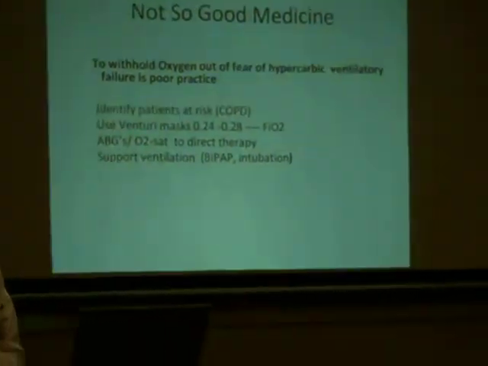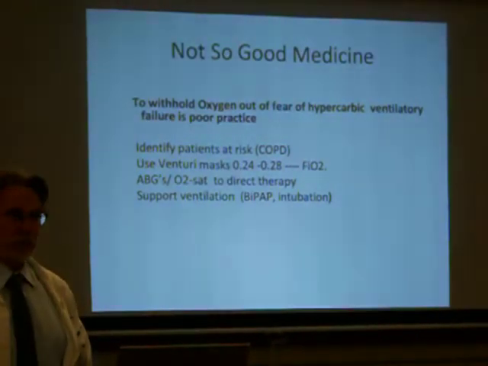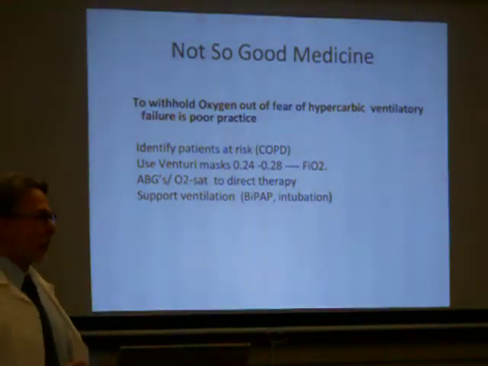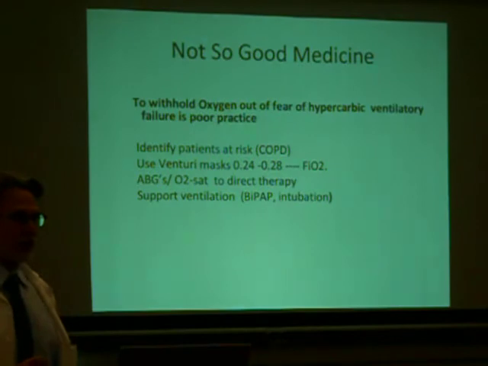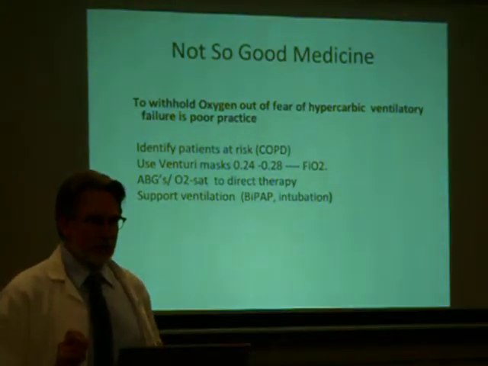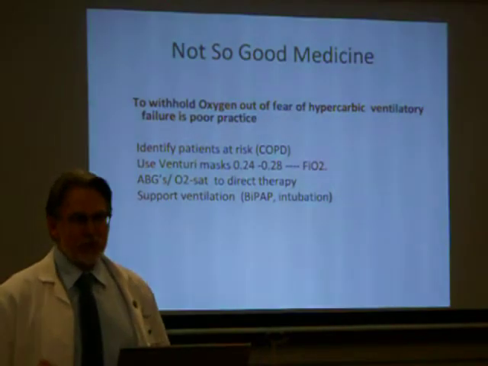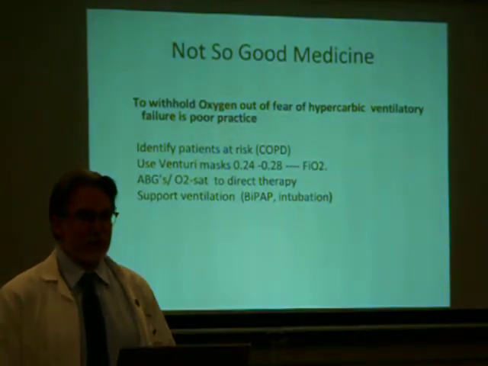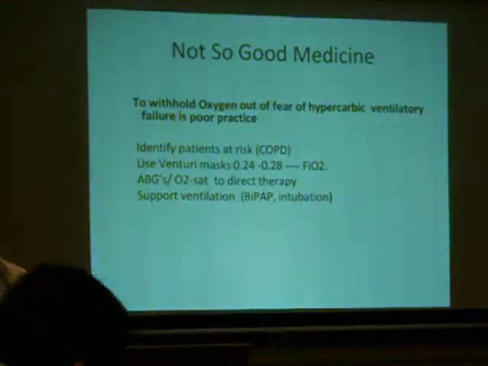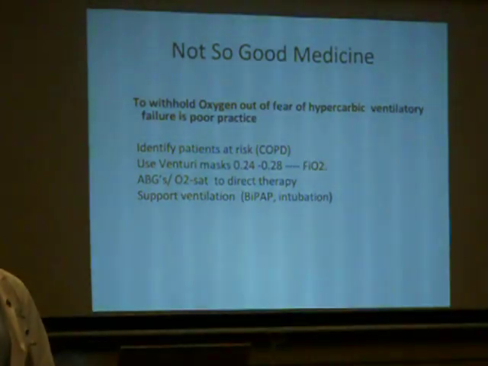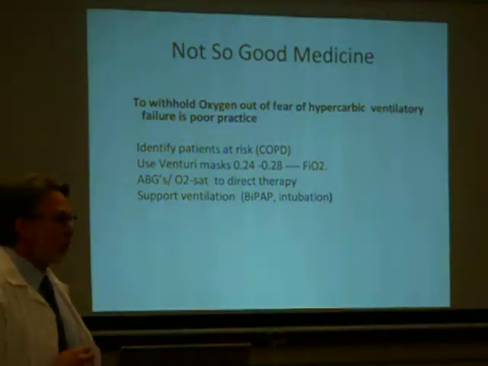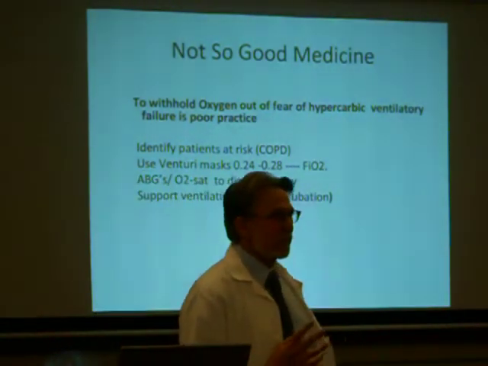What I also want to remind you is that if you do have someone with COPD who is hypoxic and you're concerned about CO2 retention, you're not supposed to withhold oxygen if you have hypercapnic ventilatory failure. So you want to make sure your first priority is to raise their PO2 above 60, or to raise their oxygen saturation above 90%.